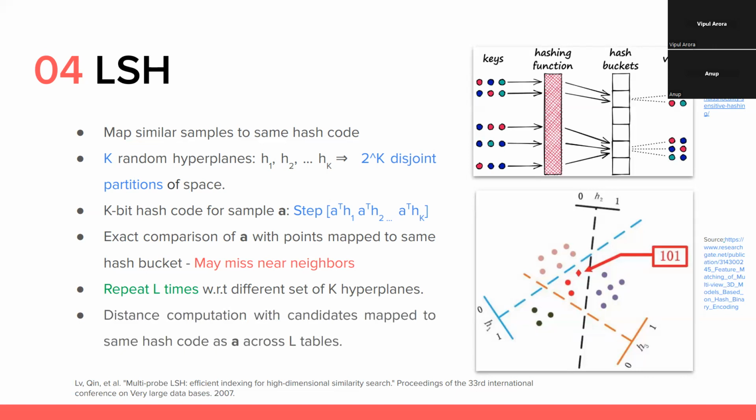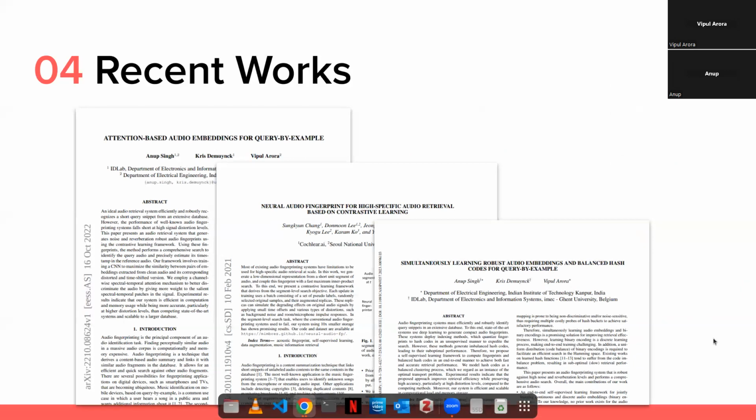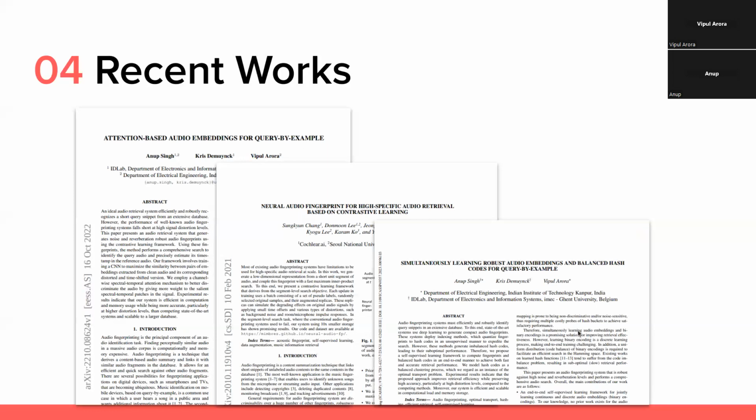So this was about LSH. If you're interested, you can also read other recent approaches on fingerprinting methods. There was one paper that we published this year. You must have understood that there were two components, fingerprinting and indexing, and these were independent of each other.